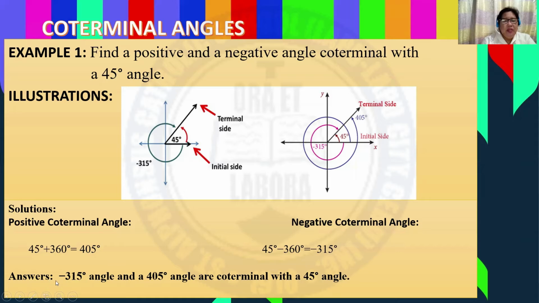Therefore, the answers are negative 315 for the negative angle, taken by 45 degrees minus 360, and you have negative 315. And for a positive coterminal angle, which is 405, that is taken by 45 degrees plus 360, equal to 405 degrees. And these two are coterminal with a 45 degree angle.